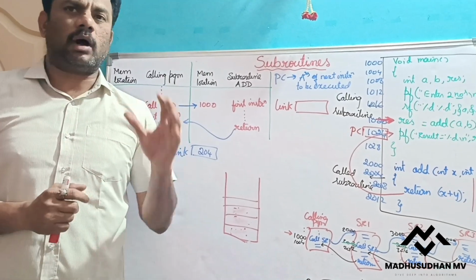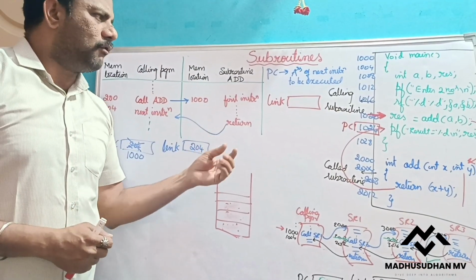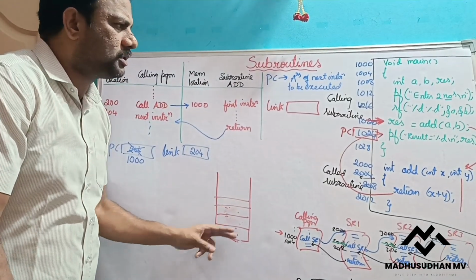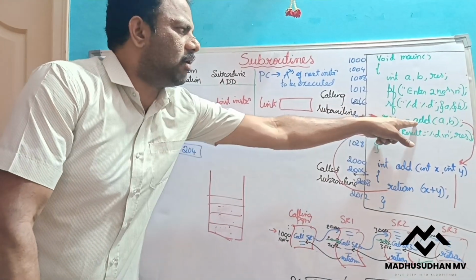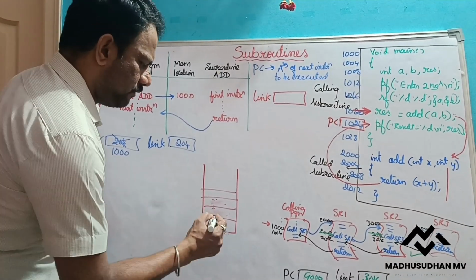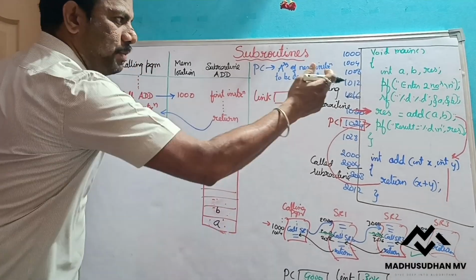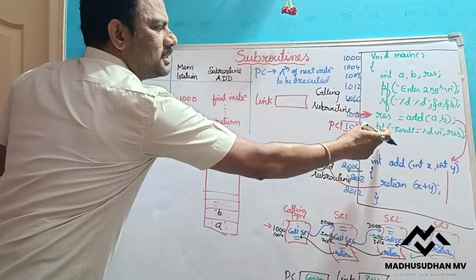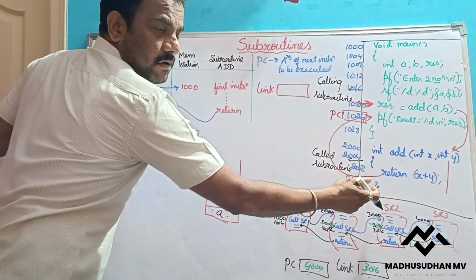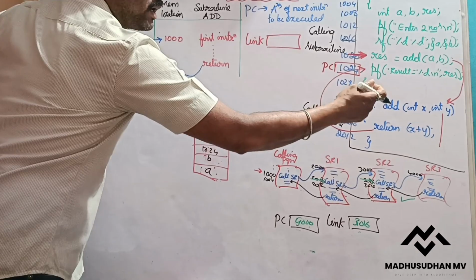So at that time, whenever we are calling the subroutine, first we will push the parameters. First I will push the value of A, then push the value of B, and then the return address of this call, which was 1024, and then I will go here.